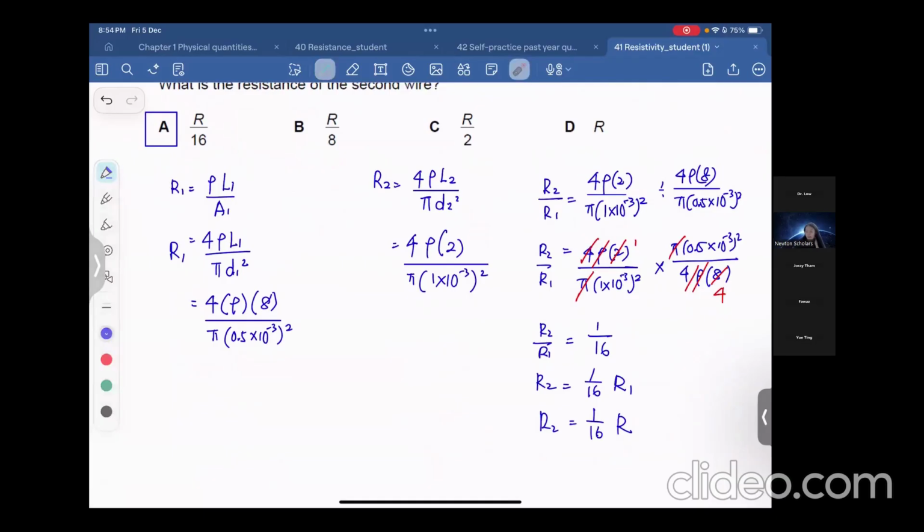I know that actually we don't need to do such detail, but I do it because I worry some of you don't know why I suddenly turned it upside down. I can skip if your mathematics is good. But here I do it in more detail to show you why it is upside down: because here we divide, so it becomes times, and I need to flip it. If no question, we go to the next page.